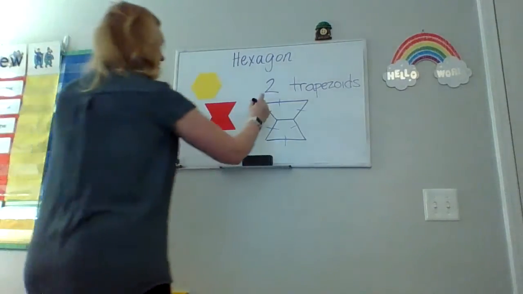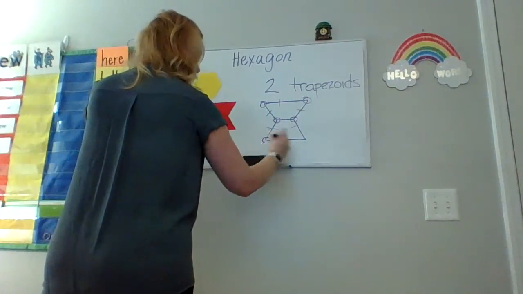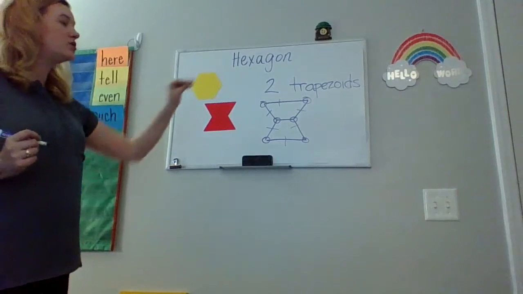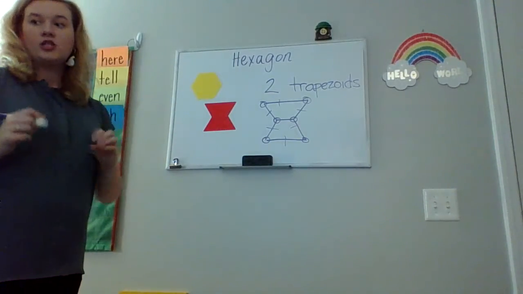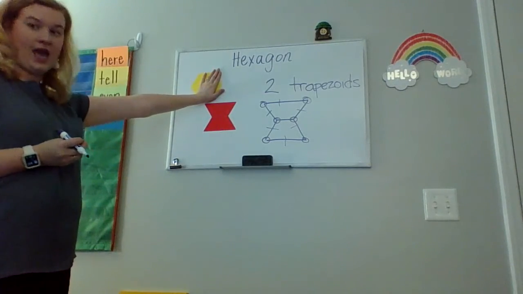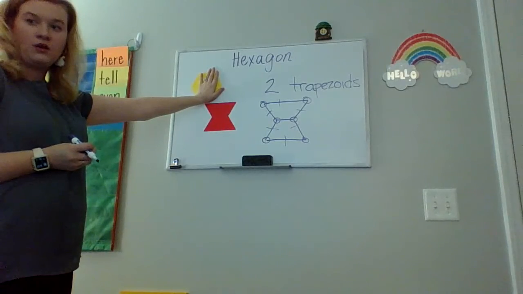Still has 6 vertices. 1, 2, 3, 4, 5, 6. Still a hexagon. Now, I'm going to say I used 2 trapezoids to compose a new shape and make a hexagon. Okay?